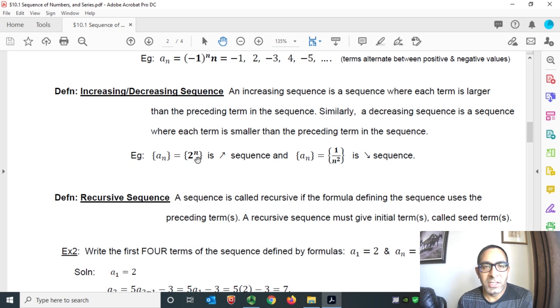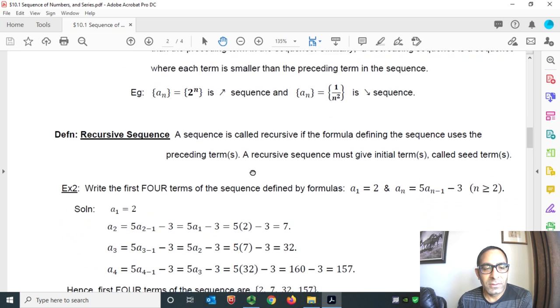So here, each term is bigger than the previous term. Similarly, the sequence of 1 over n squared is a decreasing sequence. So here each term is smaller than the preceding term in the sequence of 1 over n squared.